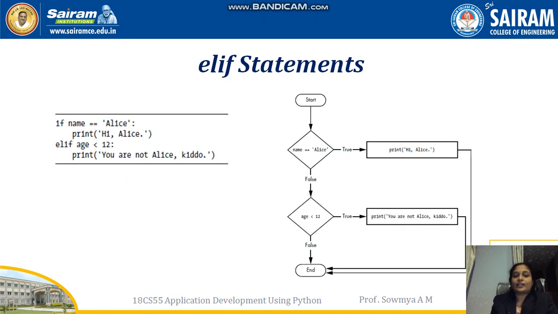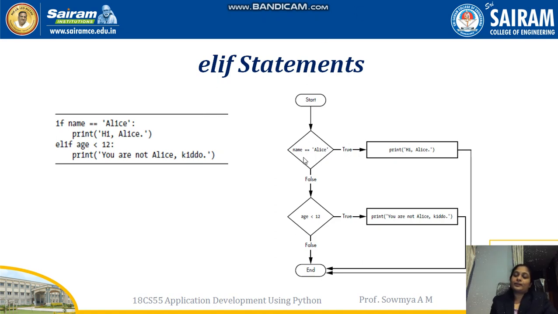Next one is else if. If your program has too many conditions, what do you do? We use else if conditions. If, do this. If not, do something else. If not, you can do some more things. So if name is equal to Alice, print hi Alice. Else if age is less than 12, you print you are not Alice, kiddo. It's just an example.